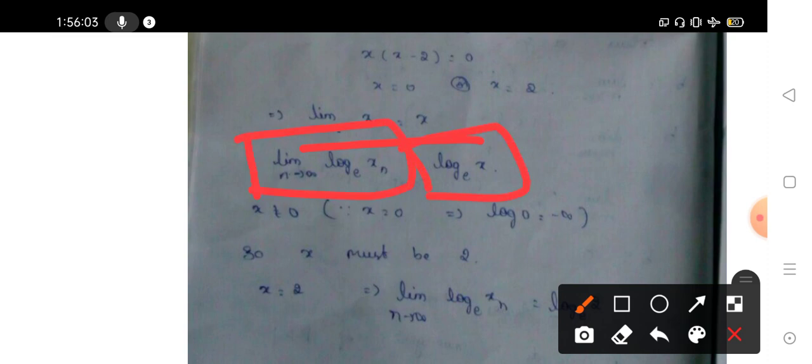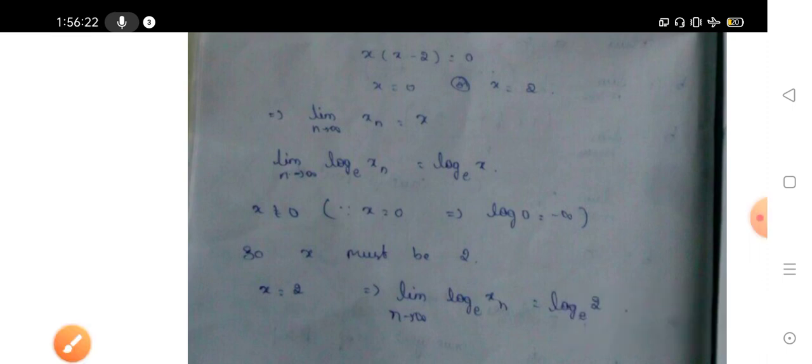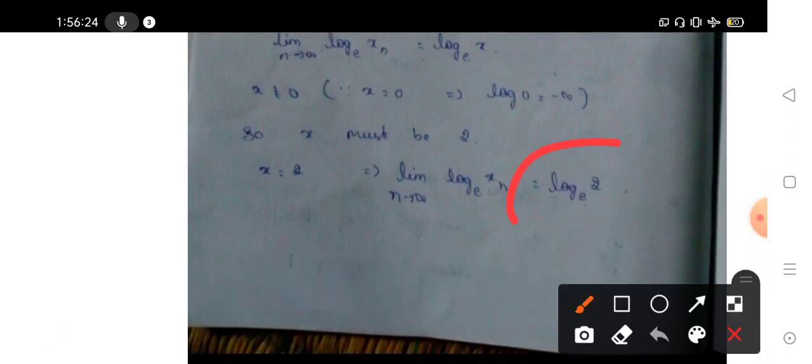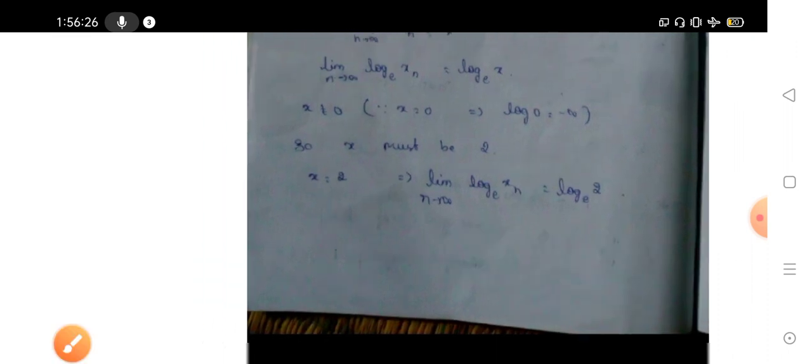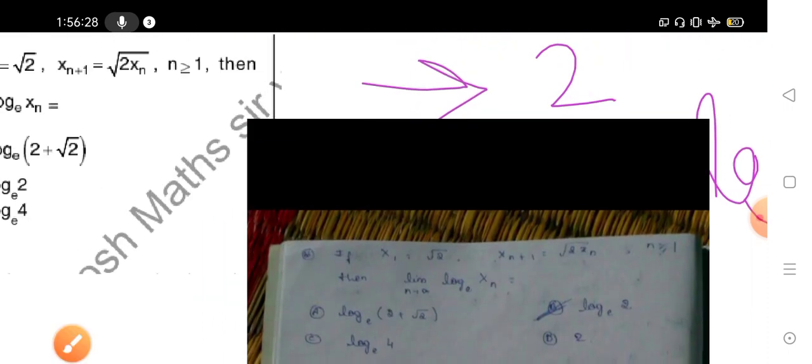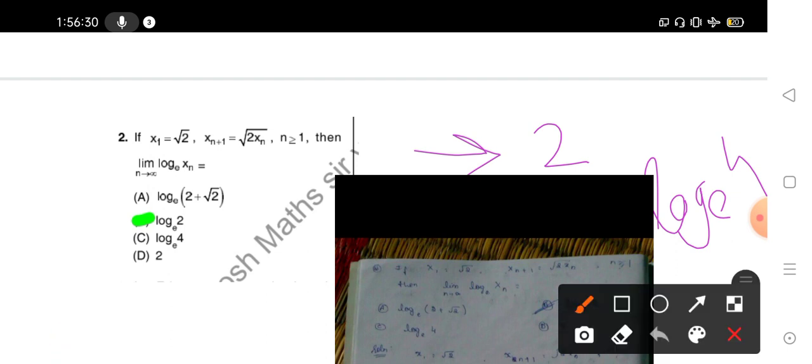Here x is non-zero. If x is 0, log 0 equals minus infinity, so x must be 2. So x equal to 2, and the limit n tending to infinity of log e xn equal to log e 2. This is the final answer, and option B is correct.